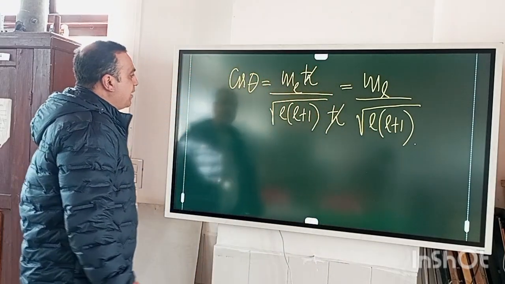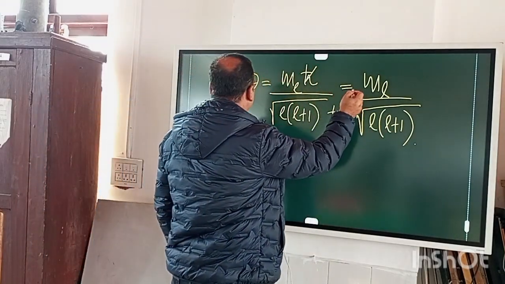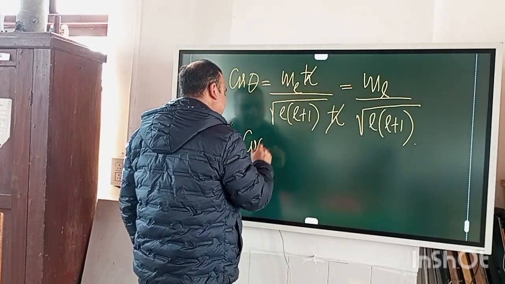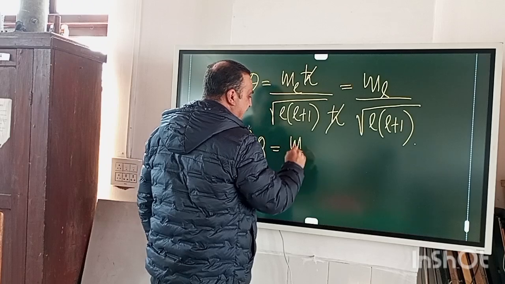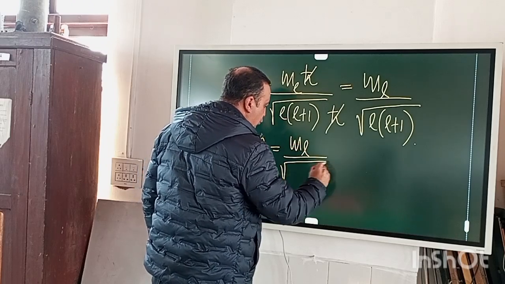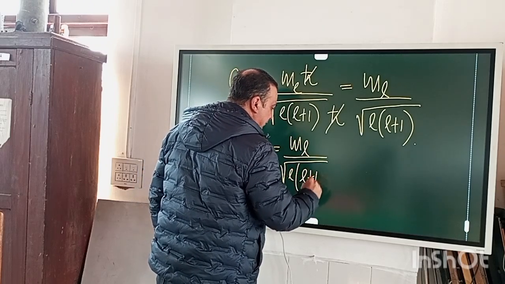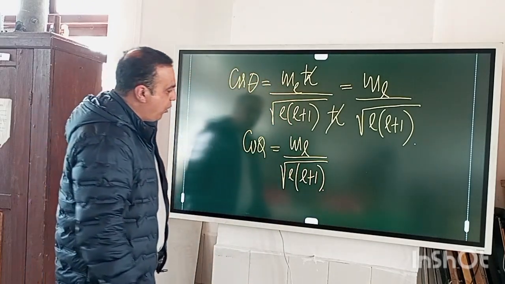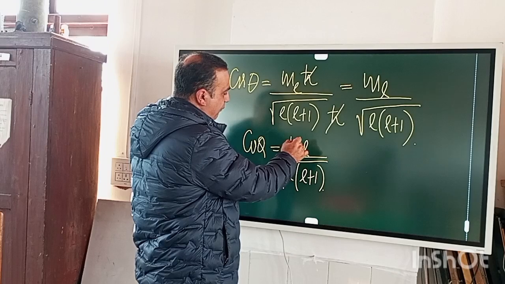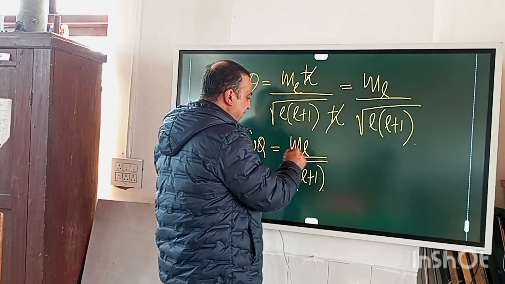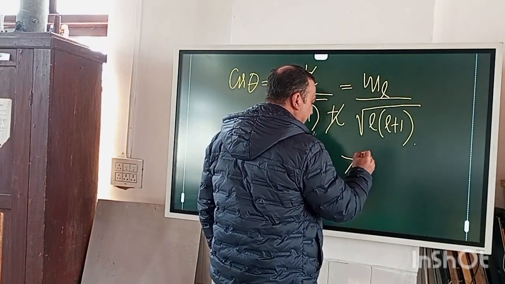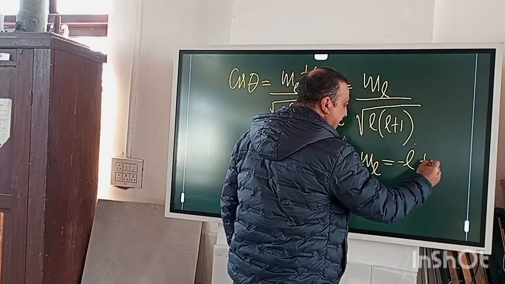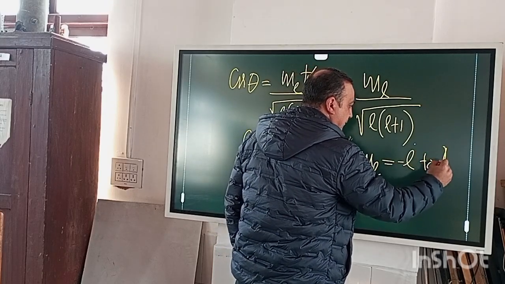Now the question arises about ml. If I write this equation as cosine theta equals ml by the square root of l times (l plus 1), we will have ml ranging from minus l to plus l.